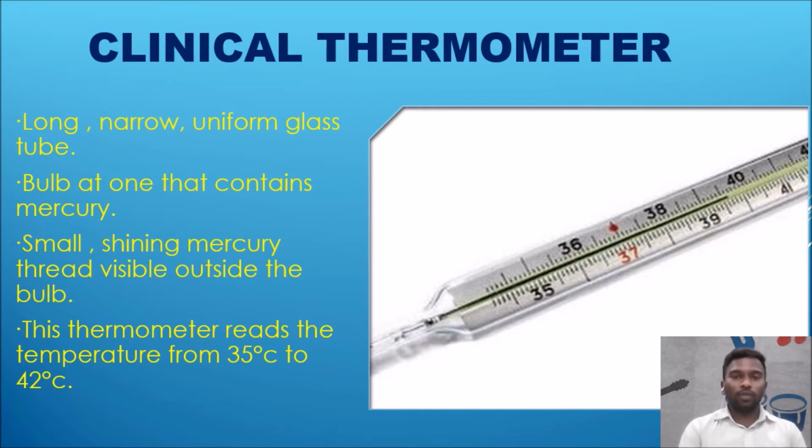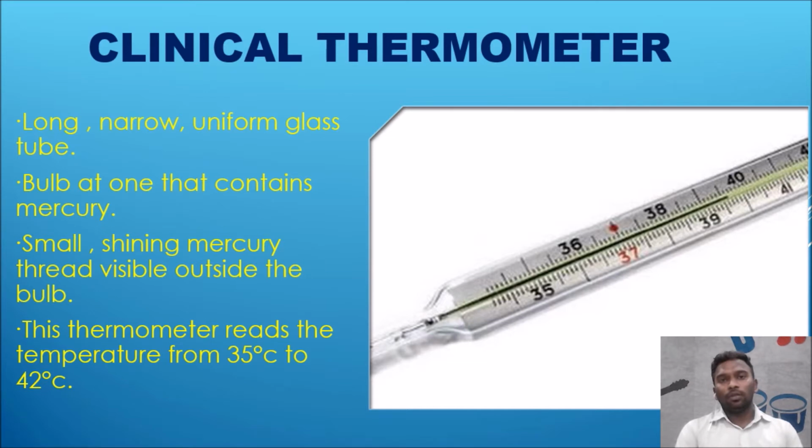So here I am going to describe the clinical thermometer. On the screen you can see the image of a clinical thermometer. Its construction is a long, narrow, uniform glass tube inside the thermometer, also known as a capillary tube. In that capillary tube, the mercury climbs.